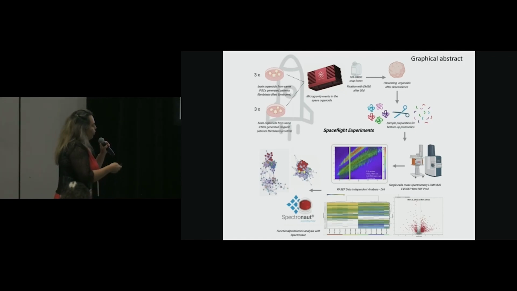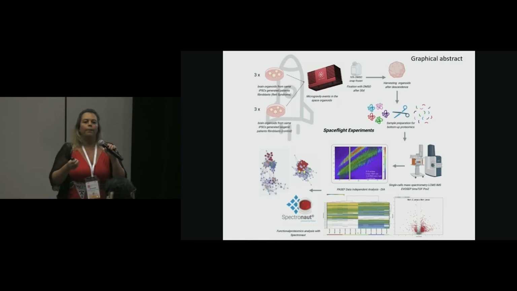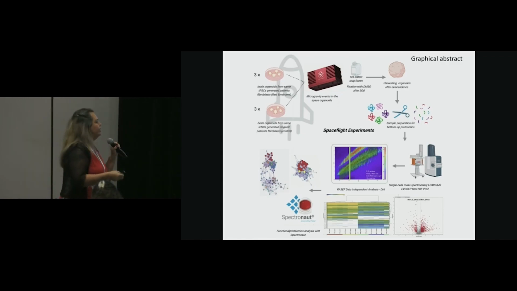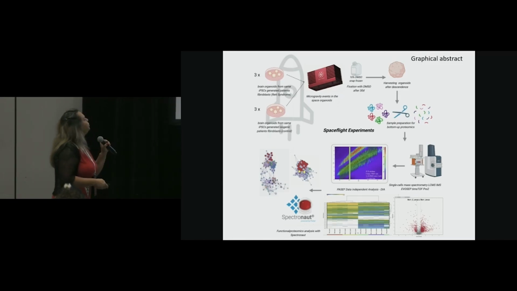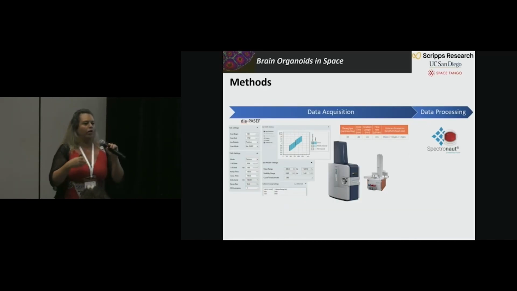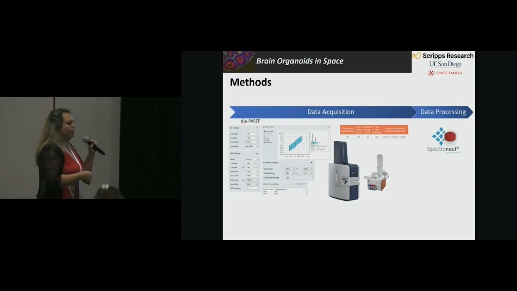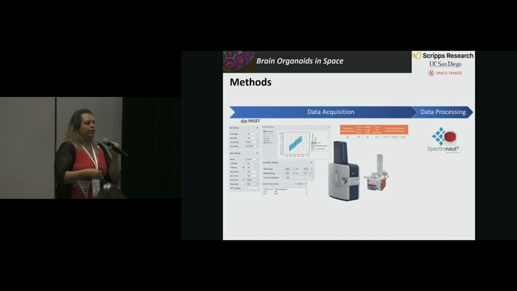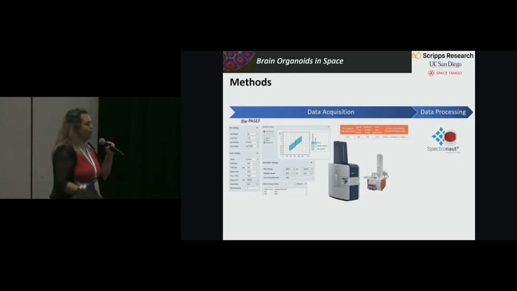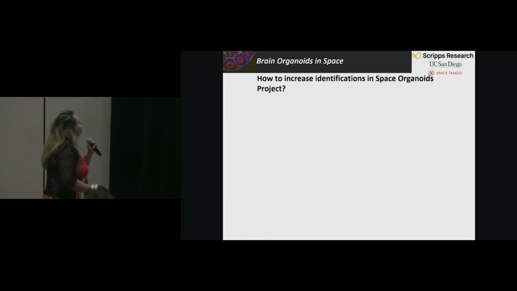And we were also interested in generating some functional insights about this organoid. So we tried different methods to acquire the data, but actually the best method that worked for us was 30 samples per day on a 15 centimeter column on the Evosep, using Spectronaut as the software for analysis.